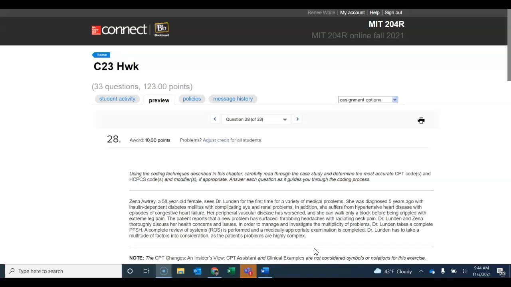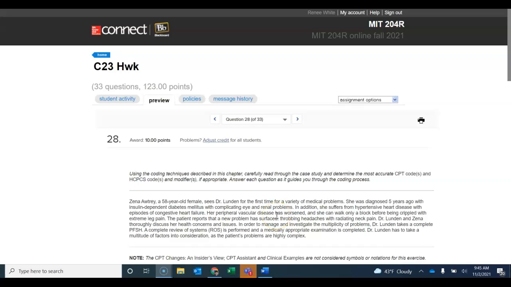So we've talked about the history and the exam, medically appropriate. Okay, so we're really looking at the decision making. So in the case, it says the patient has a lot of factors to consider and the patient's problems are highly complex. Okay, so I would say we can't do time because there's no time documented here.